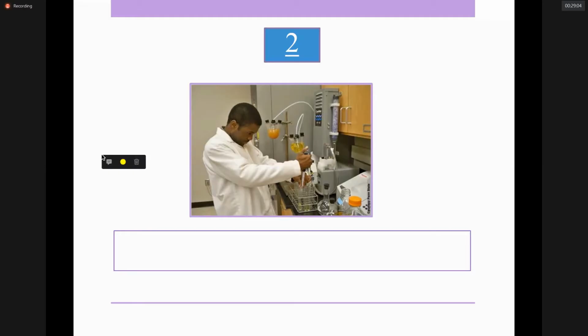The second tube. What's wrong with the second tube? العمل بدون قفاز ولبس النظارة. ممتاز. So number 1, protective equipment, and without the glass protection.